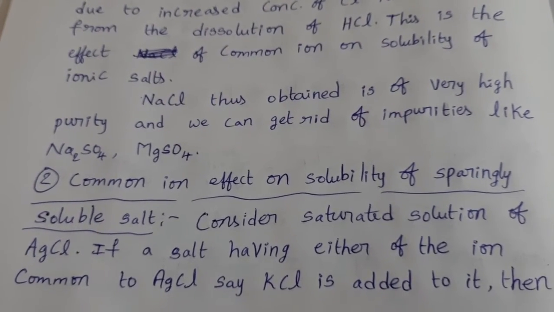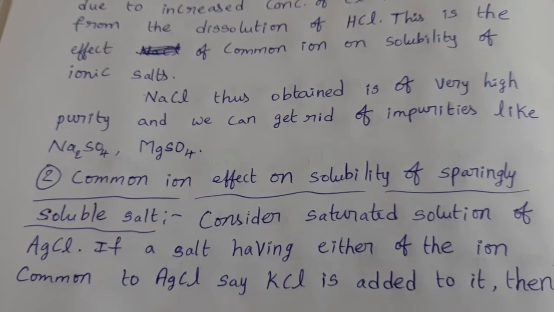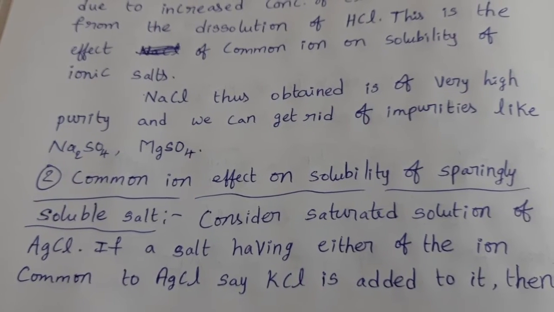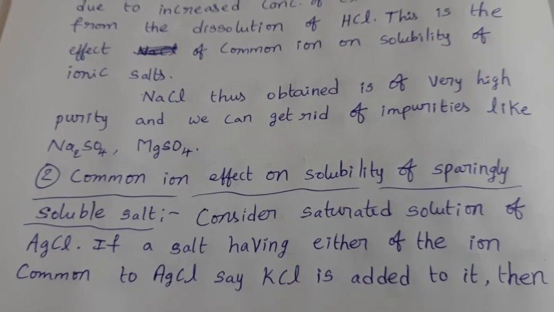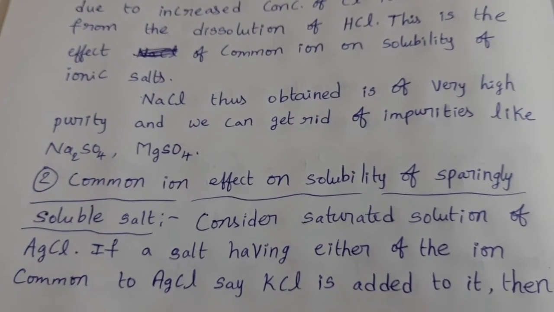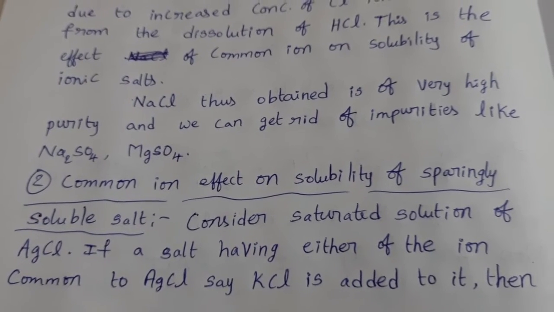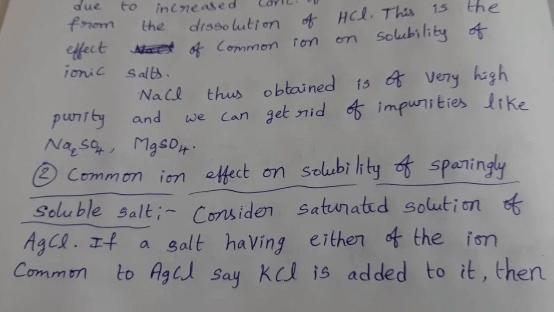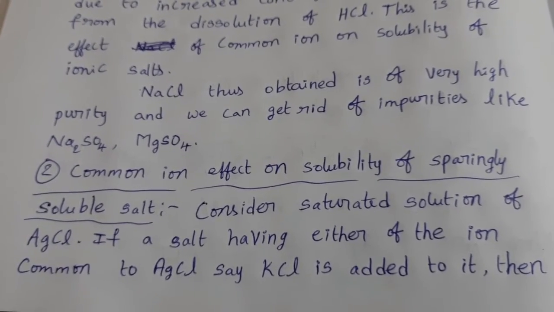It produces K+ and Cl- ion. AgCl also produces Ag+ and Cl- ion. In these two, which ion is common? Cl- ion. That means here the common ion is Cl- ion. Due to more concentration of Cl- ions, the dissolution of AgCl is decreased.